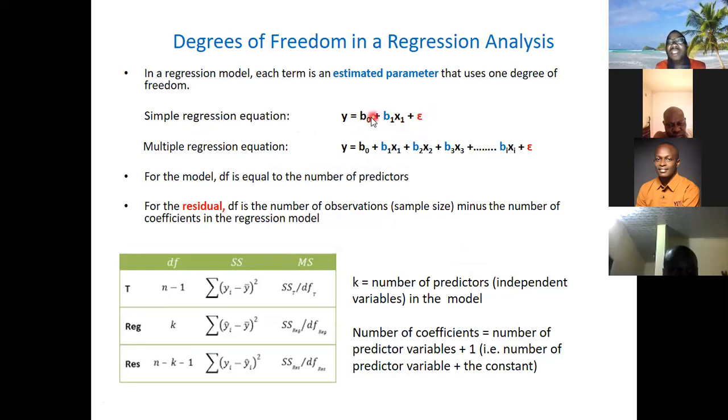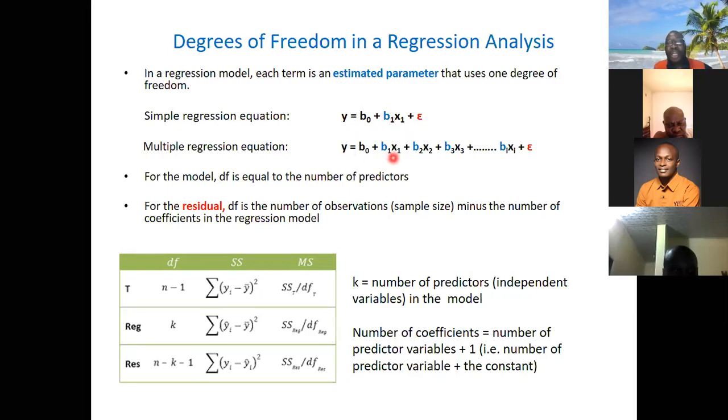Now, this is a simple regression equation because there is only one explanatory variable, only one independent variable, which is this one. Of course, you know that the dependent variable is Y, it's always 1. But the independent variable X here is only 1.